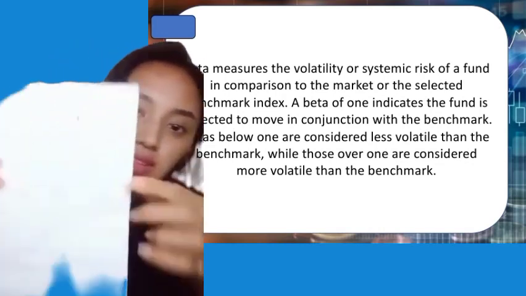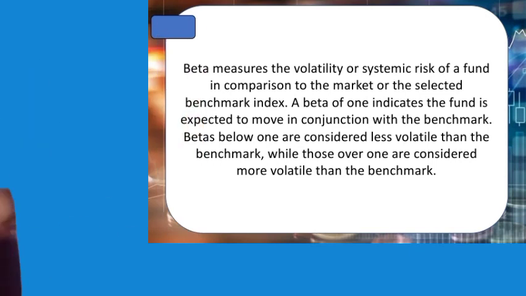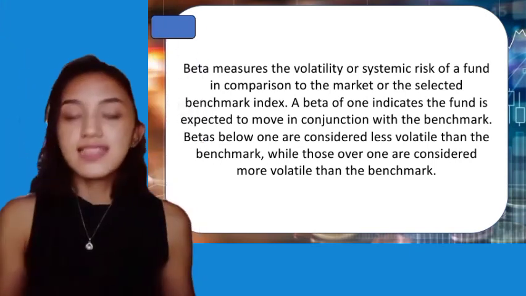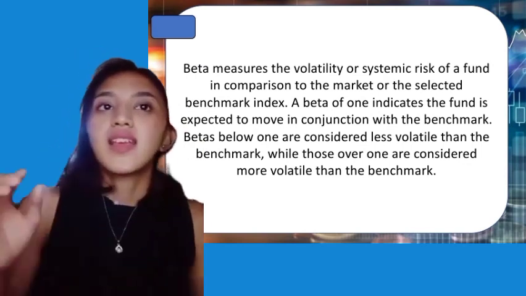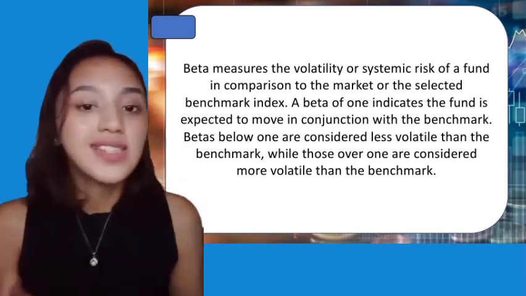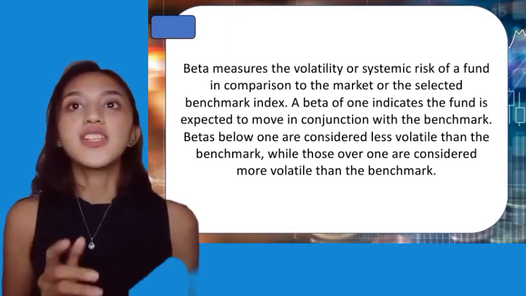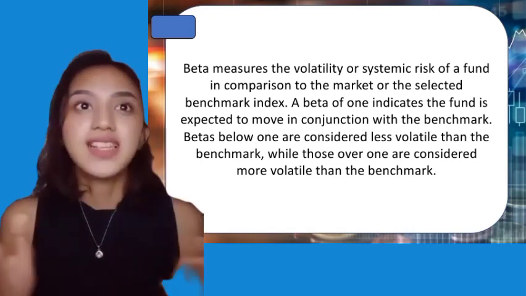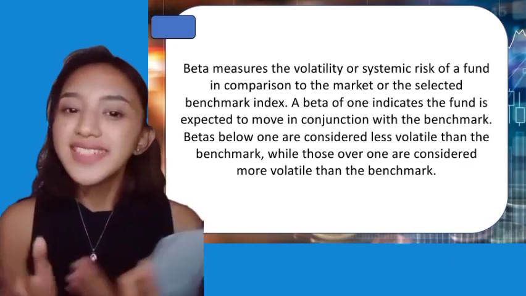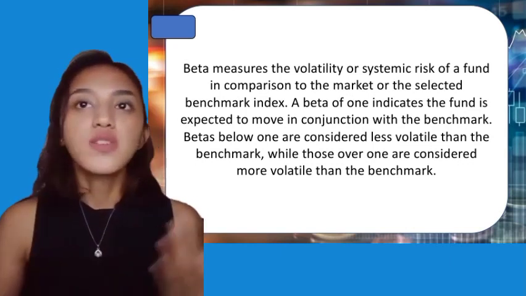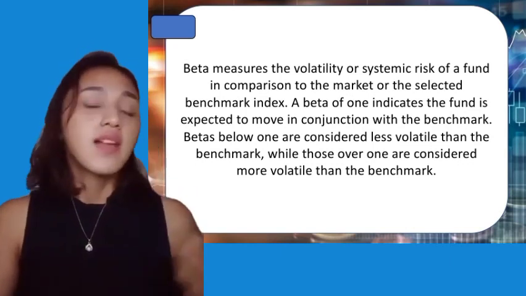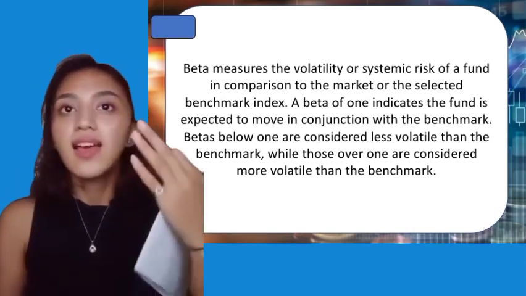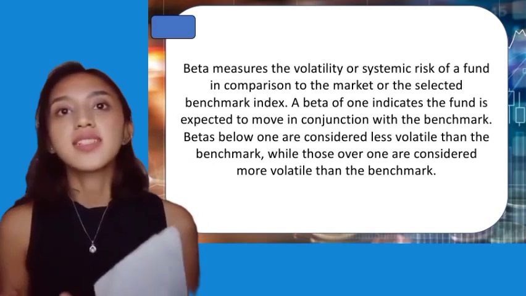A beta of 1 represents a perfect correlation with the stock market. That means that whatever the index does over a given period of time, the stock should have the exact same movement as the index.